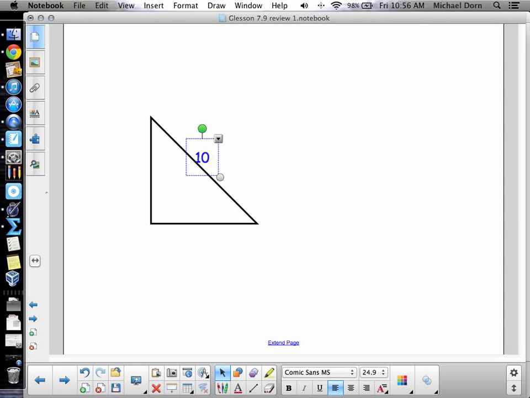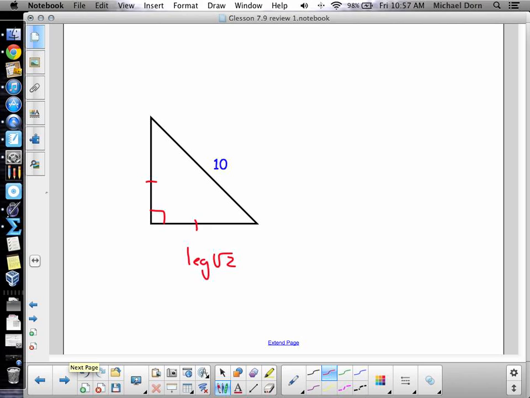I'm going straight for the harder problems. This side is 10. It's a 45, 45, 90 triangle. So that's the leg root 2 side. If I do my pattern, it's leg root 2 is 10. I want the leg. These are the legs, so I have to divide by square root of 2.